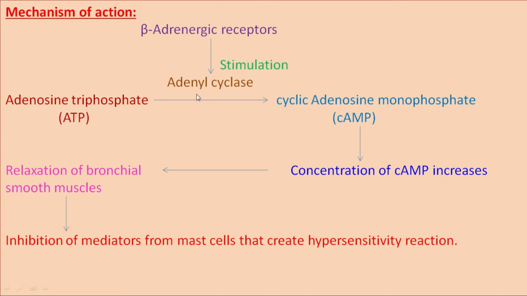So due to conversion of ATP into cyclic AMP by the enzyme adenyl cyclase, the concentration of cyclic AMP will increase. This increase in the concentration of cyclic AMP will result in relaxation of bronchial smooth muscles. So due to relaxation of bronchial smooth muscles, there will be inhibition of mediator release from the mast cell that can create hypersensitivity reaction. So due to inhibition of this mediator, hypersensitivity reaction will be stopped. This is mechanism of action of salbutamol.